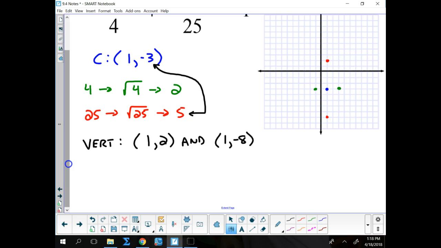Now what should I do? Okay, as best you can. Try and be curved, don't be straight. Okay? And lastly, what do I have to find? Find my foci. Okay? So, c squared is going to be what?